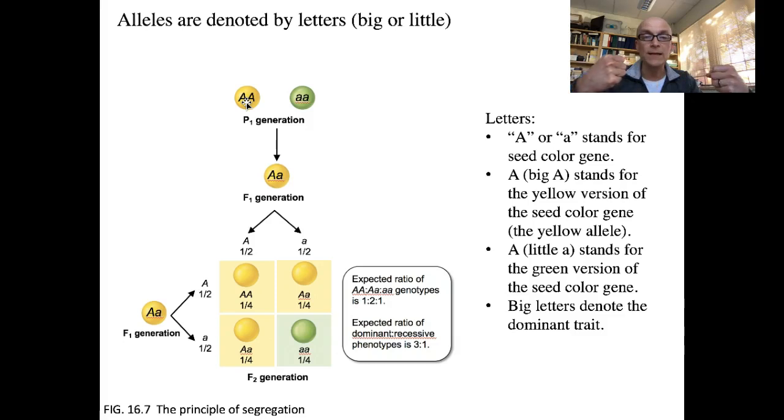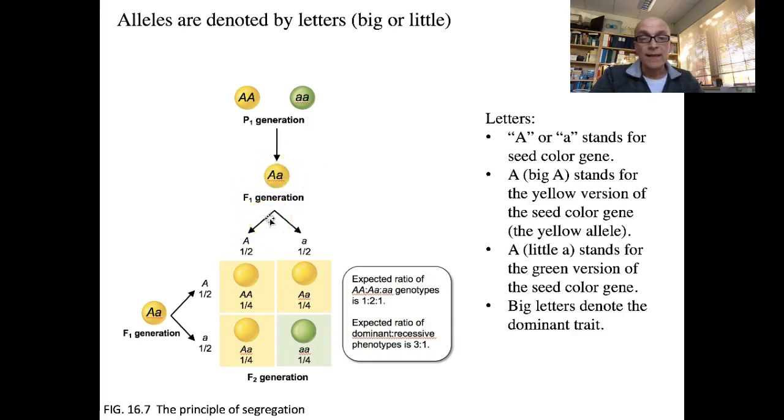They get split, and in the next generation, only one of them will make it into the meiotic product, so into the egg or the sperm. That's why there's only one letter here. There's two letters here, right? These are the gametes from this generation.